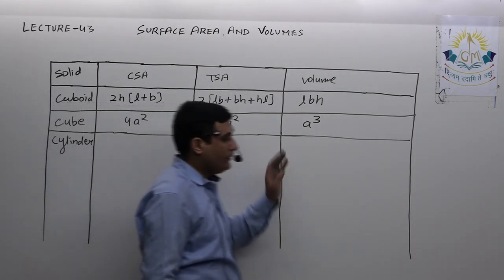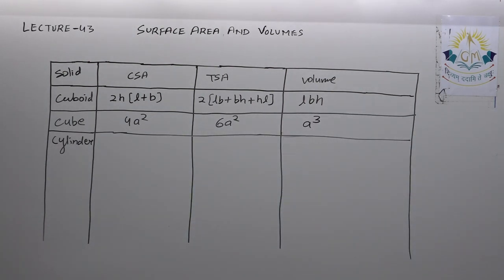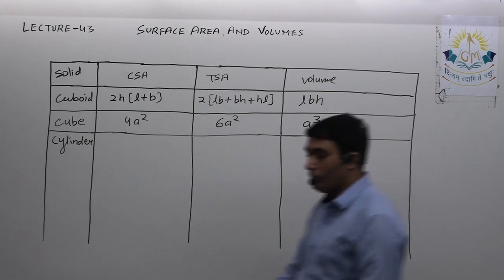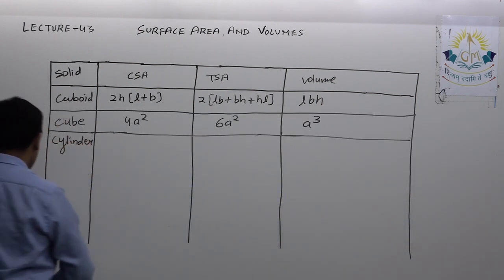So do write the CSA, TSA and volume for the cylinder. Then we'll see the next.